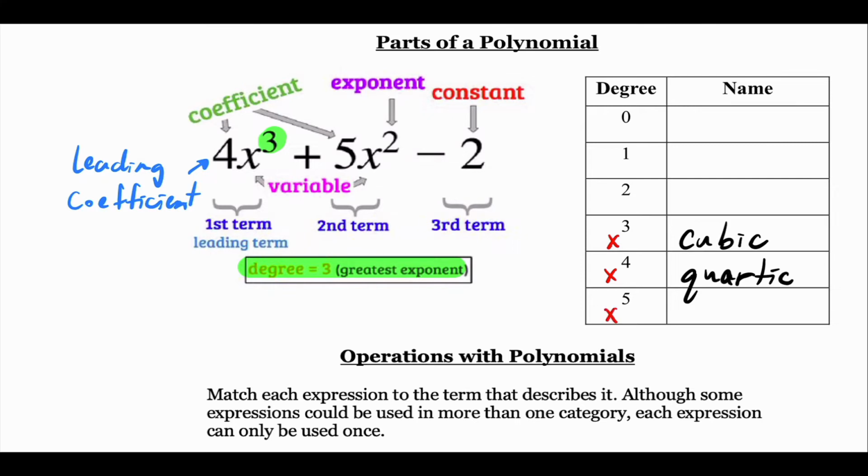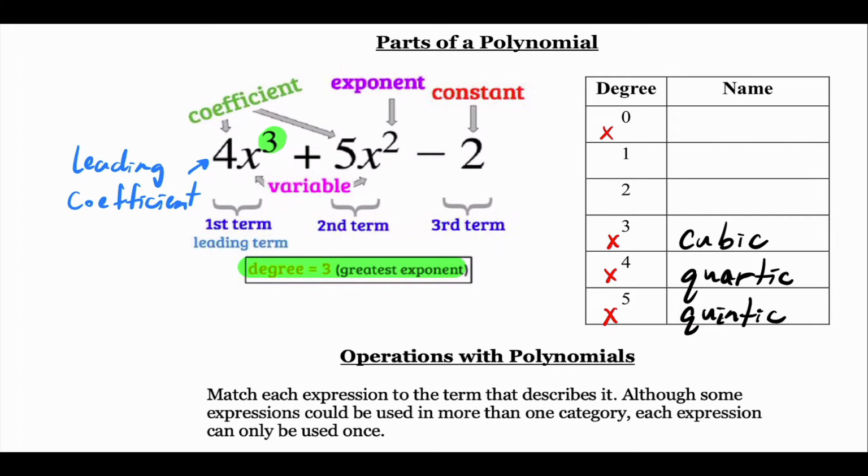Anything to the 5th power, if the 5th power is the highest, we would call it a quintic. Okay, quintic. Those are the ones we haven't seen before. Cubic, quartic, quintic. The ones we have seen before are the ones I skipped.